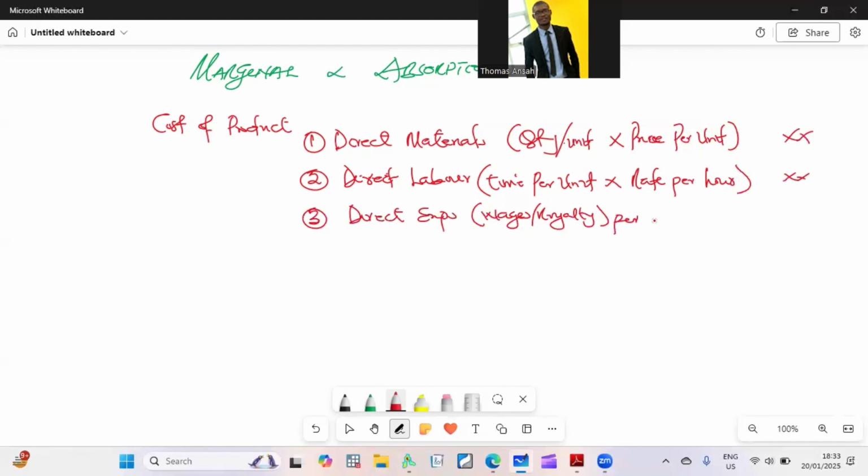Everything is per unit. So you need these three, and we call these three what? Prime costs. I hope you remember that. These three are prime costs. So the problem is that all these three vary with the level of production.